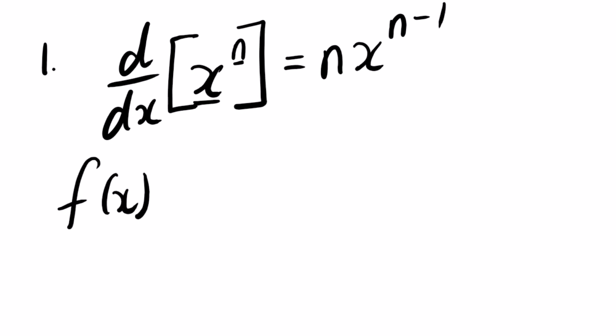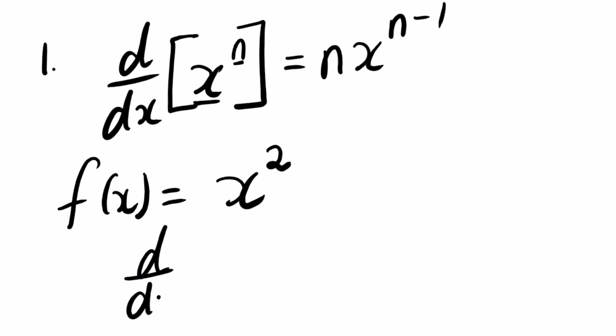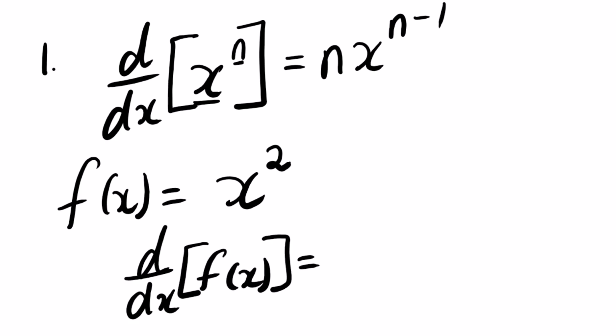Suppose you want the derivative of this function f of x. This power 2 will be multiplied by the coefficient of x, which is 2 multiplied by 1.